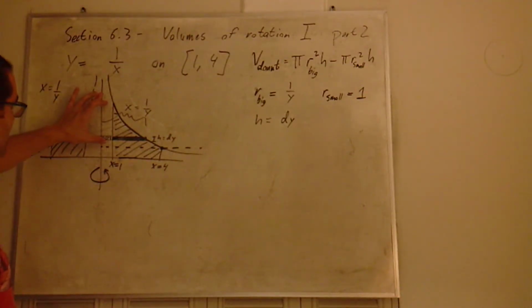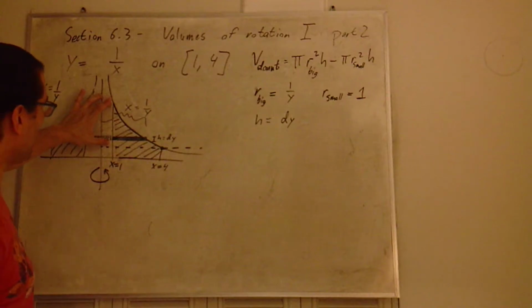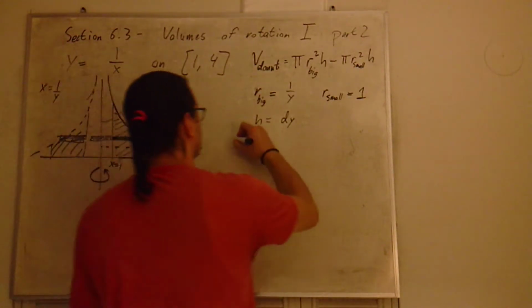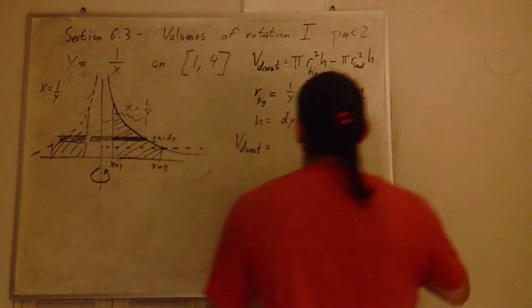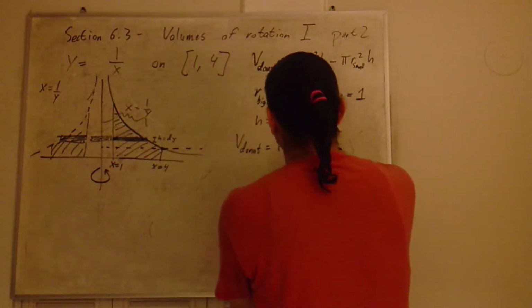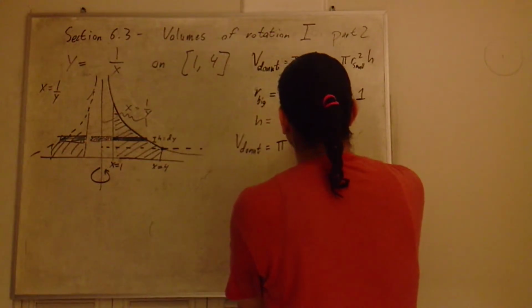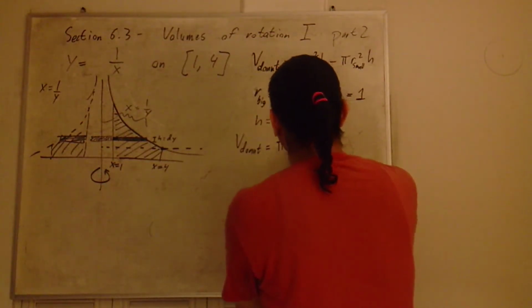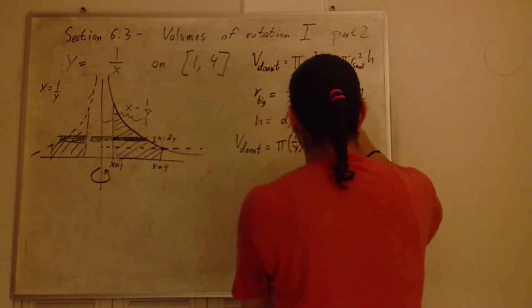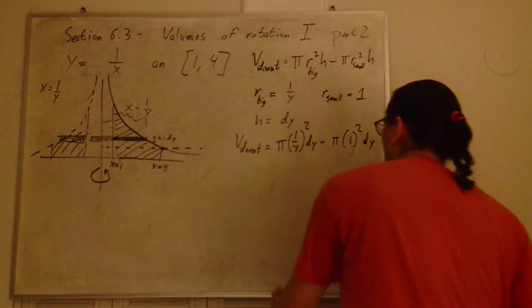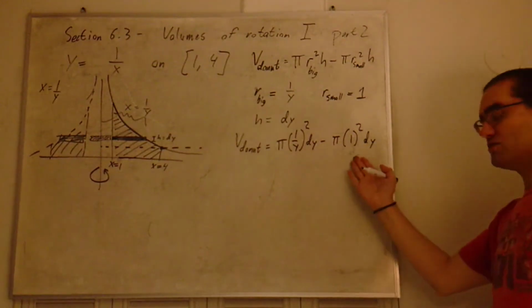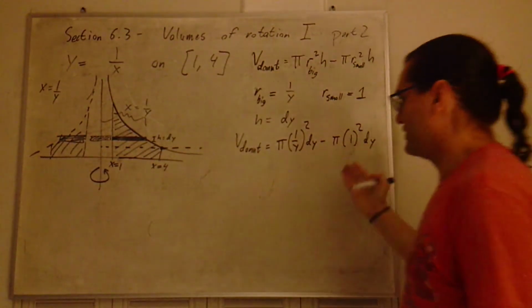Now we have to talk about the bounds on this. Oh, I guess we could talk about that in a second. The volume of our total donut is going to be pi times 1 over y squared dy minus pi times 1 squared dy. This looks kind of like a mess, but this simplifies really nicely.